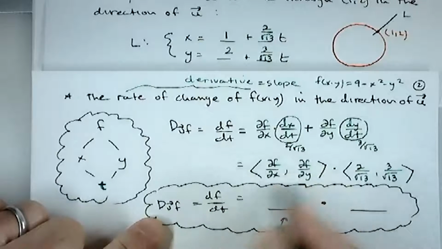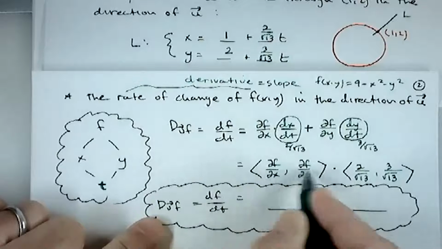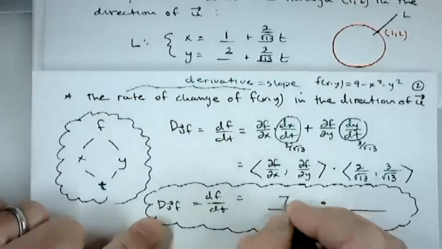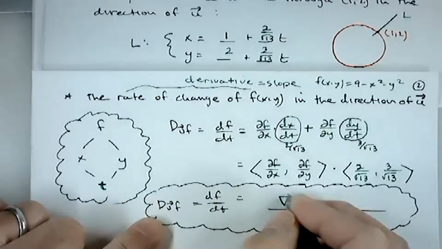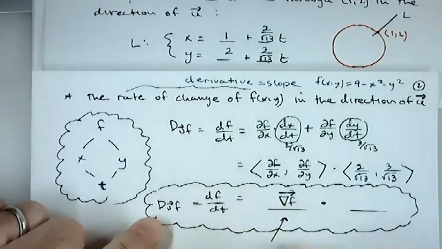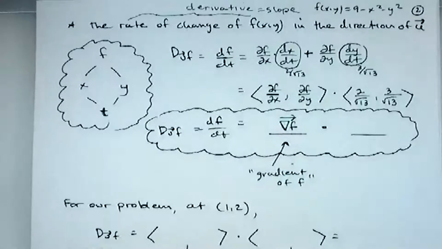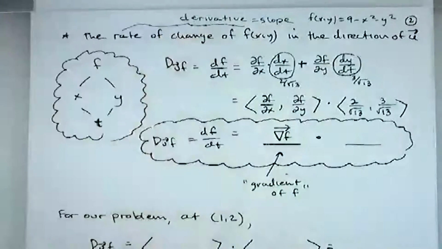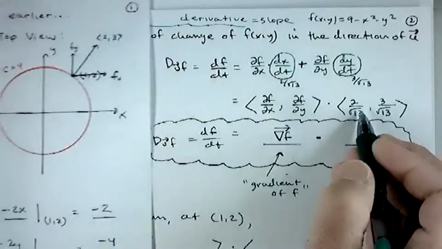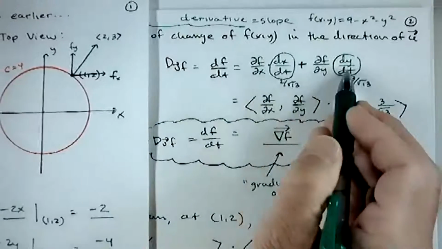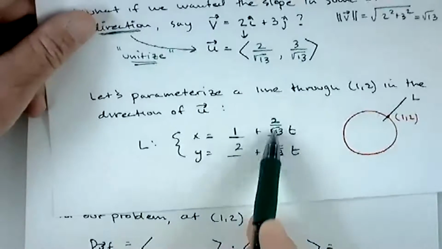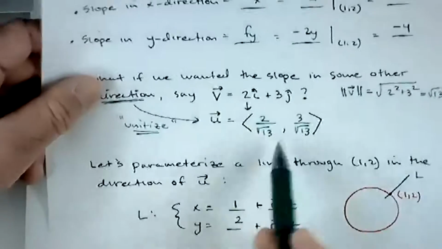This vector right here, which is made up of your two partial derivatives, we're going to give a special name. We're going to call this the gradient of f. Upside down triangle. This is read the gradient. It's a vector. And even though this is dx/dt, dy/dt, you can see that when I took the derivative, that just was my unit vector.